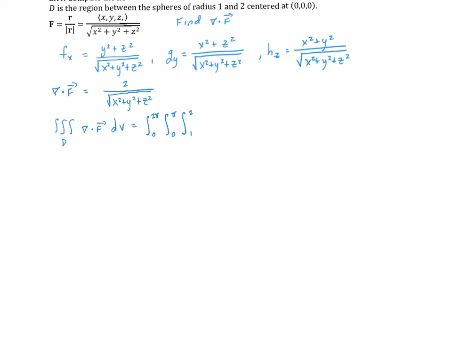And now that I'm in spherical, think about this divergence. It's 2 over the square root of, remember, x squared plus y squared plus z squared is simply rho squared. And I'm in spherical, so it's going to be times rho squared sine phi. And I'm going to go d rho, d phi, d theta.